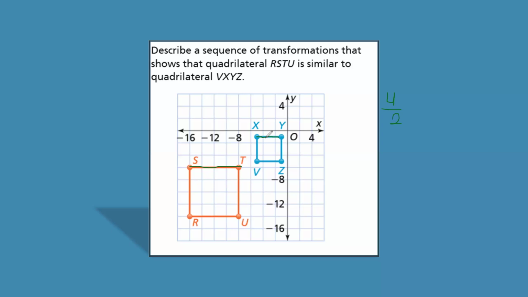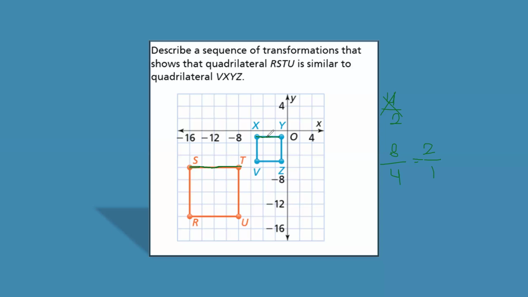But are they skipped by 1 here? No, they are skipped by 4. So again, let's start. Here, skip by 2: 2, 4, 6, and 8. So this is an incorrect rate. 8 over, here 1 plus 2, 3 plus 1, 4. 8 over 4 equals 2 out of 1.